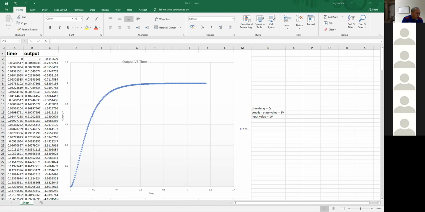Your system is third order. No complex conjugate pole. All are real poles, and one zero. So there is one zero at the numerator, and at the bottom you have three real poles. No complex conjugate pole.